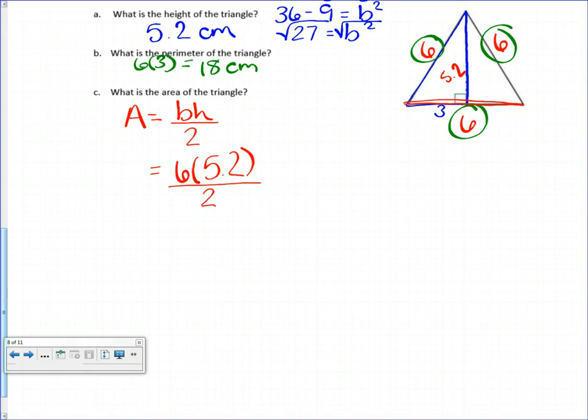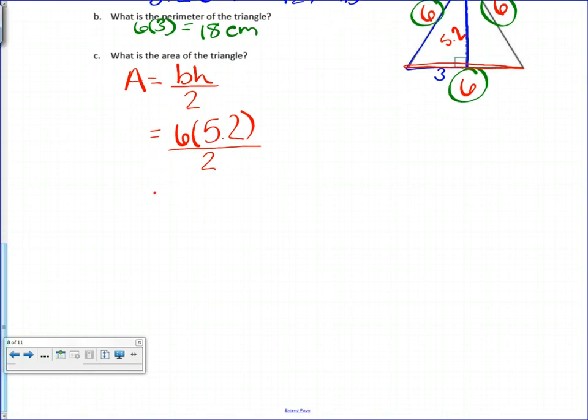And then we're going to divide by 2. So 6 times 5.2 is 31.2. And then divide that by 2, we get 15.6.